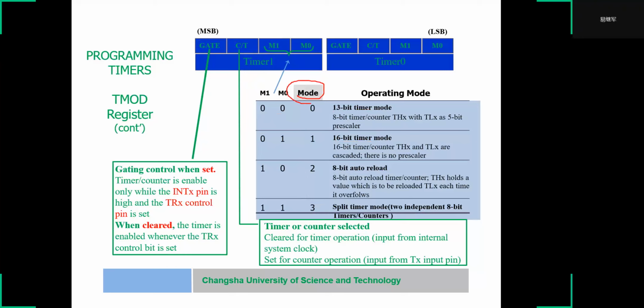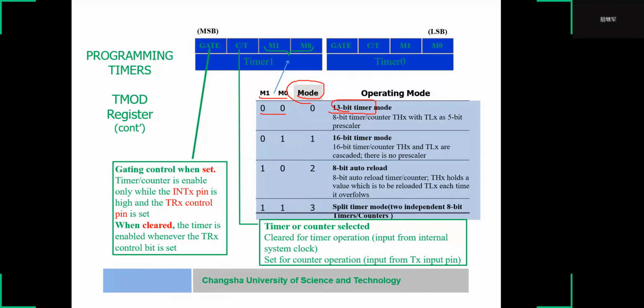If we set M1 and M0 to 00, this timer is used as a 13-bit timer.